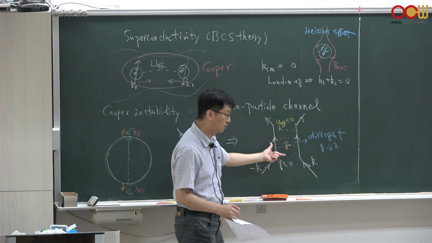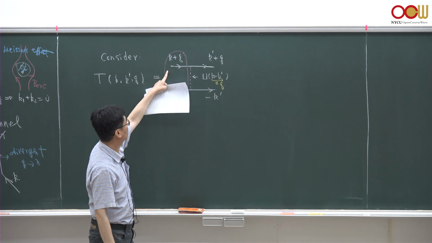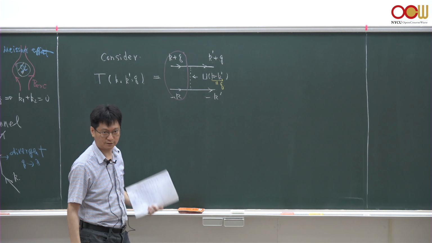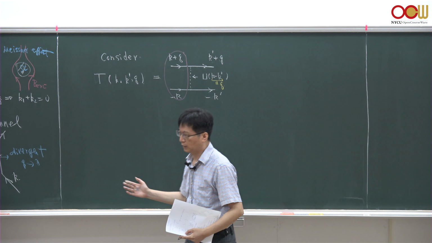And this q is what I mentioned, this momentum transfer, which is the difference between k and k prime. Remember, this is precisely the kind of backscattering that we discussed in the Anderson localization problem, because you simultaneously destroy two electrons carrying almost opposite momentum. So it's not a particle-hole diagram.